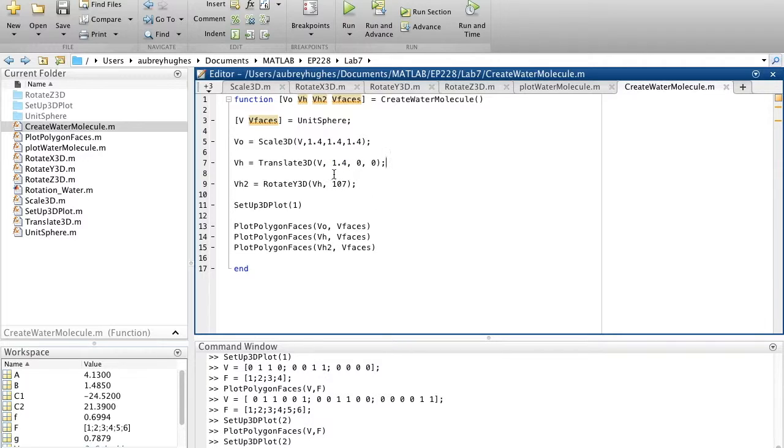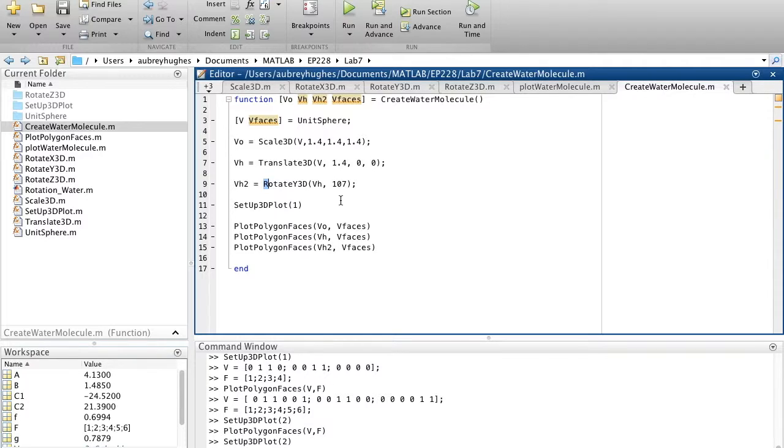So I move mine along the x, and then I know that I need a second hydrogen. So I create H2, VH2, but this time I need to rotate it because the angle between the centers of the H molecules is 107 degrees. So I rotate mine around the y-axis, because that was what worked for me.